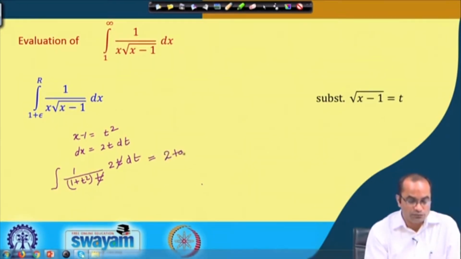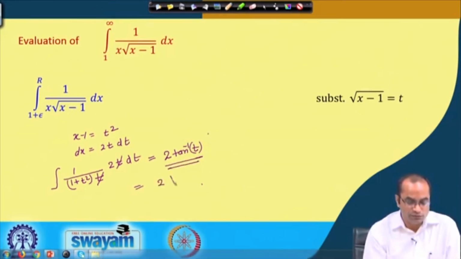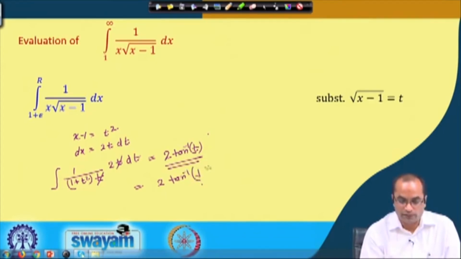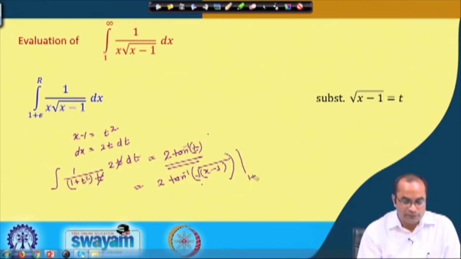So, this is 2 tan inverse t. That is the value of the integral, and now we can put the limits back. So, here 2 tan inverse of t, where t was the square root of x minus 1, and now the limit from 1 plus epsilon to r.